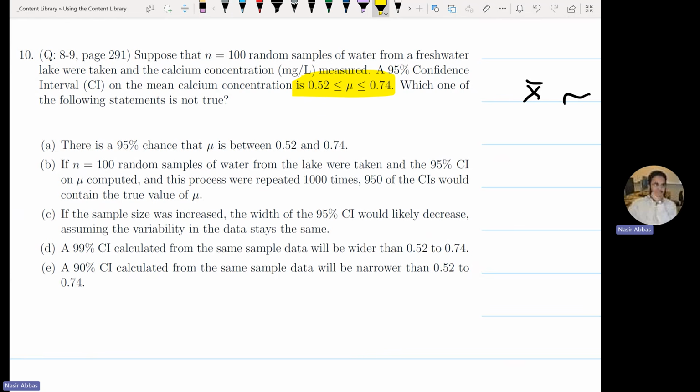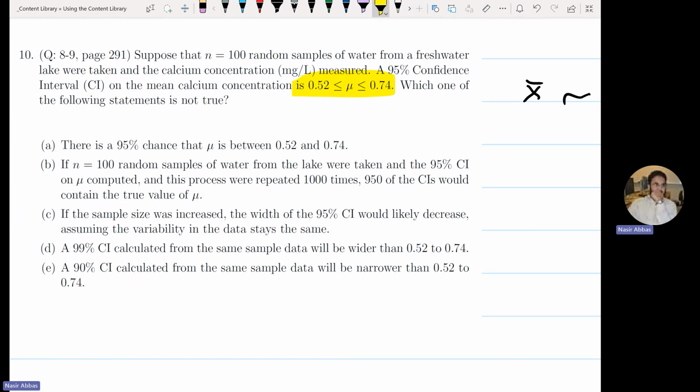Which one of these is the correct interpretation of this confidence interval? We repeatedly said in chapter 8, what did we say in chapter 8? That after calculation, once you compute the confidence interval, never interpret that confidence interval in terms of probability. Always interpret it in terms of confidence. Never interpret it in terms of probability.